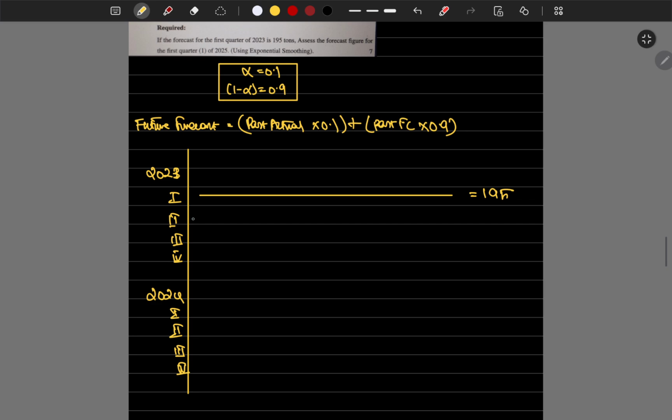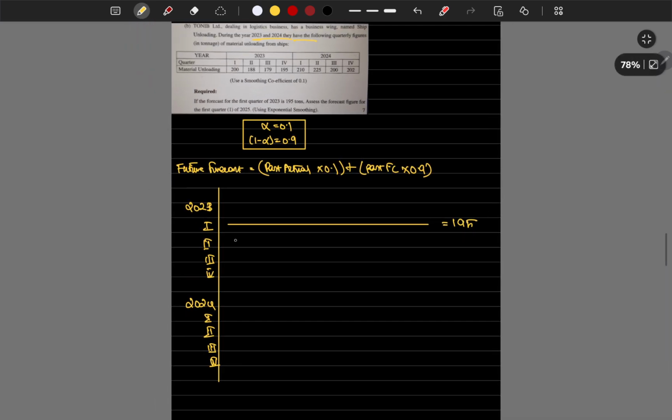What's the past data? For quarter 2, which is 200, 188, 179, then comes 210, 195, 210, 225, 200. So the weight is 0.1.